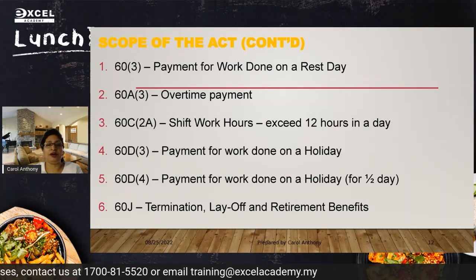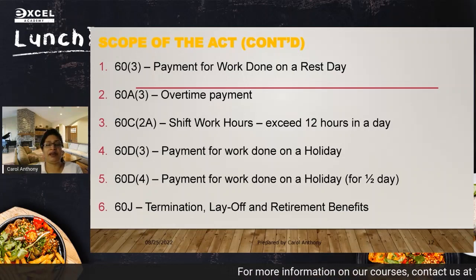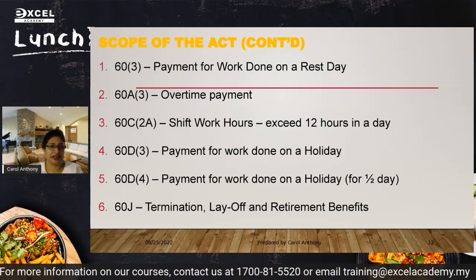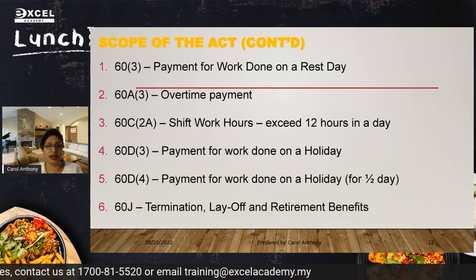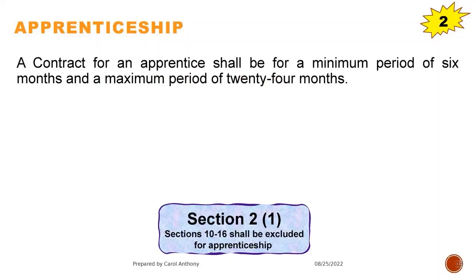If a holiday is a half day and they come to work, you also don't have to pay them. And number 6 is termination, layoff, and retirement benefits. Usually we only have termination or layoff benefits for those who are retrenched. So once they are retrenched due to the company not doing well or the business closing down, then we need to pay some benefits.